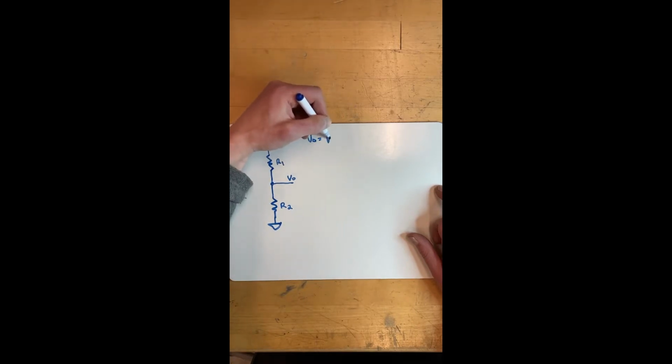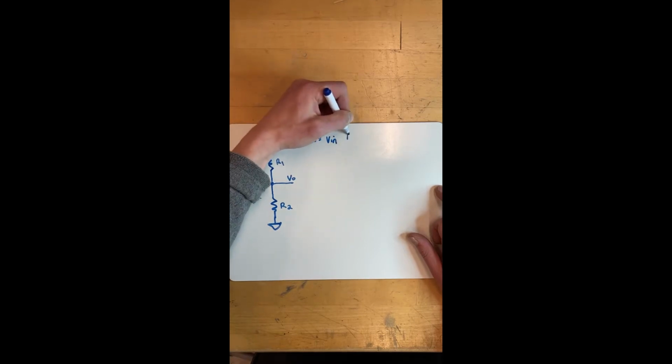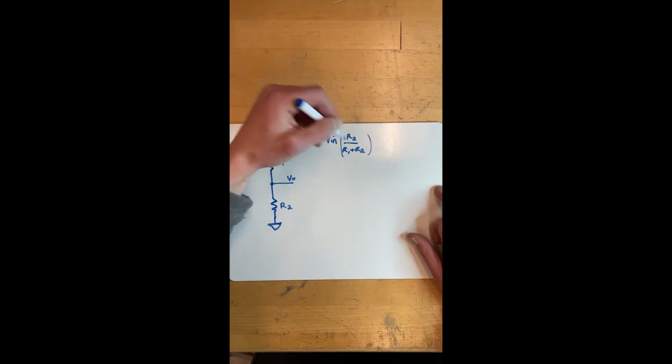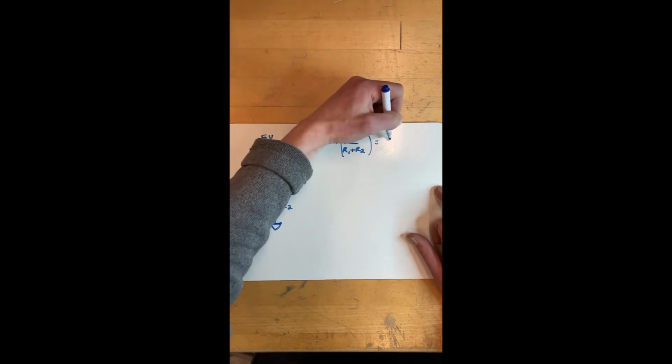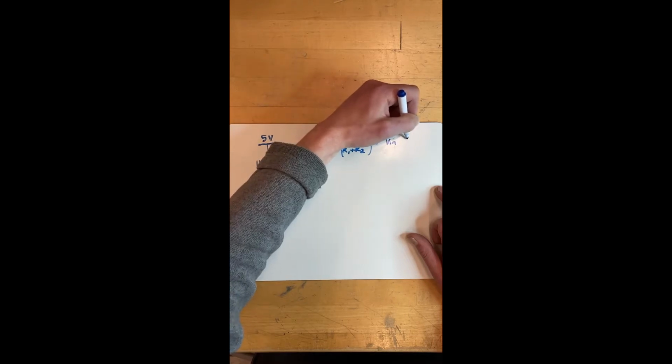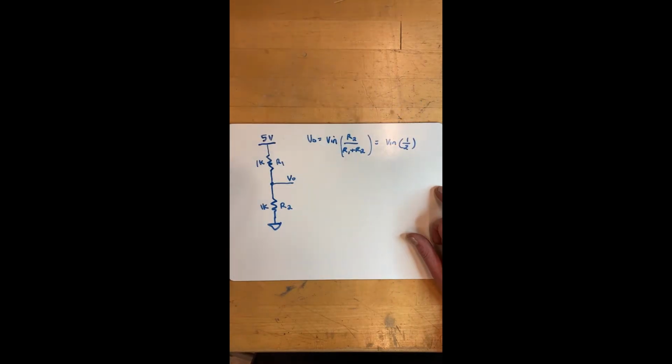It's a voltage divider: R2 over R1 plus R2. When R1 and R2 are equal, you get V out equals V in times 1/2. So here we've just made 2.5 volts.